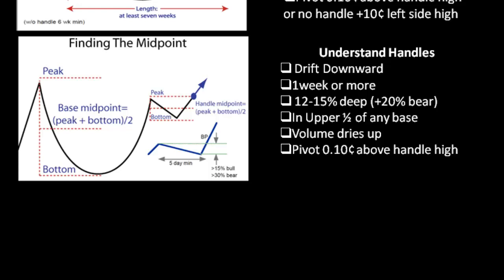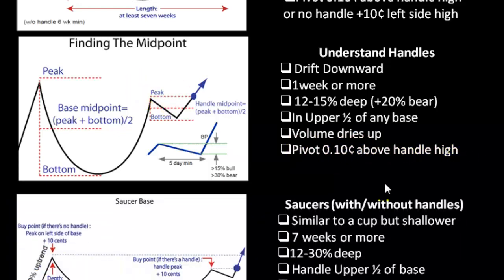Hopefully the correction in a bull market will only be 15% deep at the most and 20% in a bear. And while this handle's forming, you want to see the volume, which is not shown here, dry up on a chart. The pivot is always 10 cents above the high in the base.